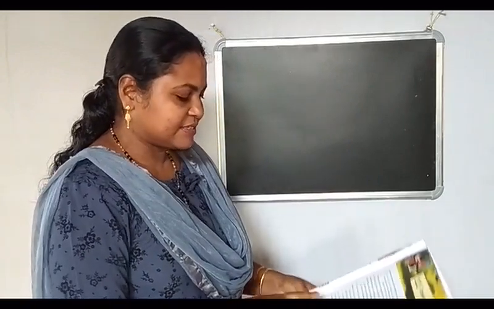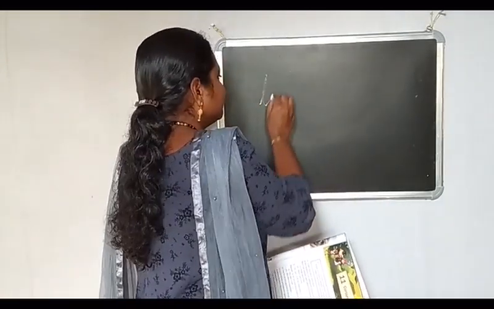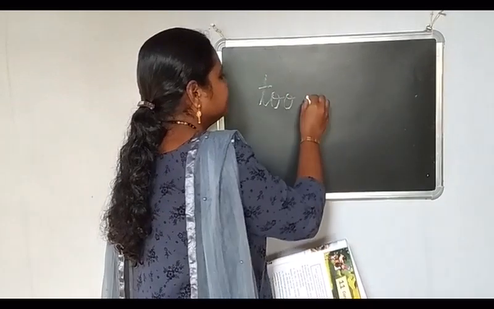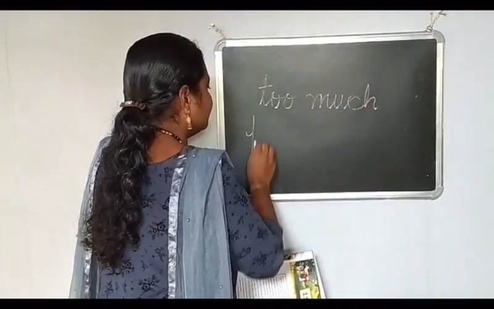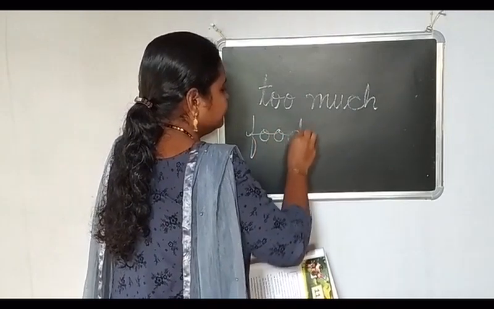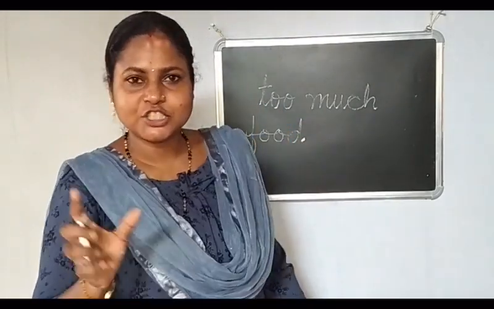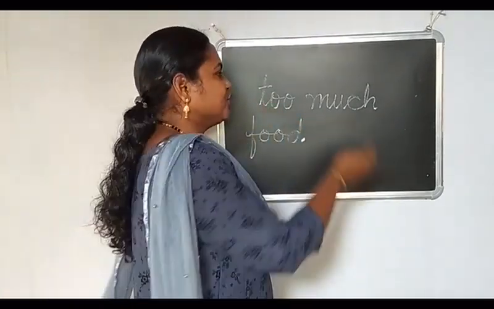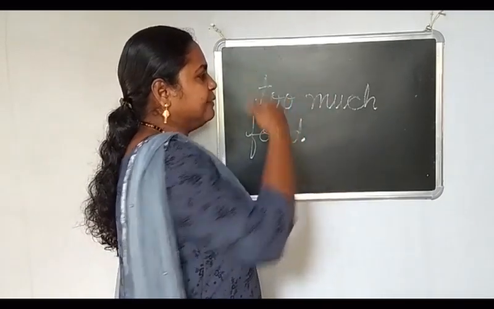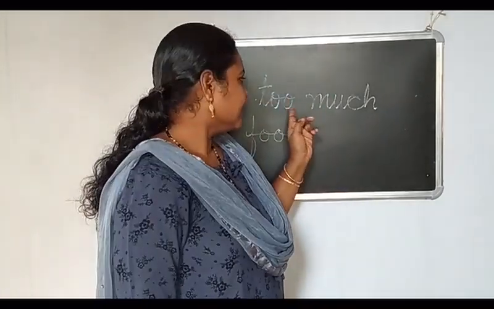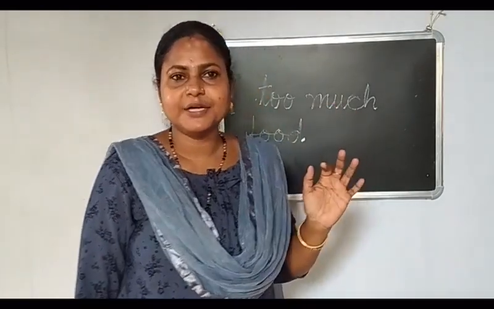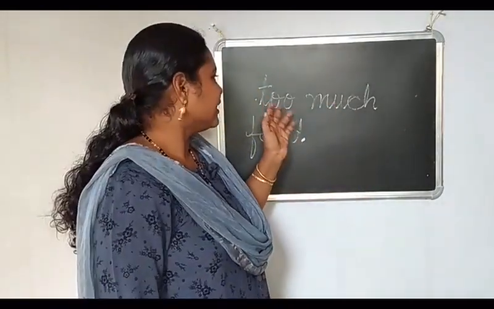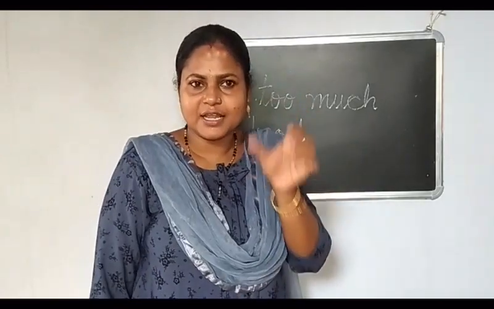These groups of words we can see like this. Too much food. Then we can see that there are three words here, and they have their own meanings when they stand alone.